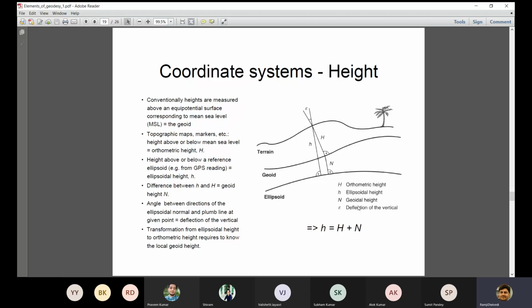The transformation from ellipsoidal height to orthometric height requires knowing the local geoid height, which we usually do, and this geoid height is given by various satellite missions which are available. One such model is EGM08, the 2008 Earth gravitational model, which is popularly used, but recent updates are also available.